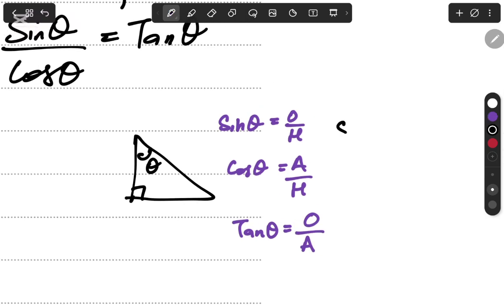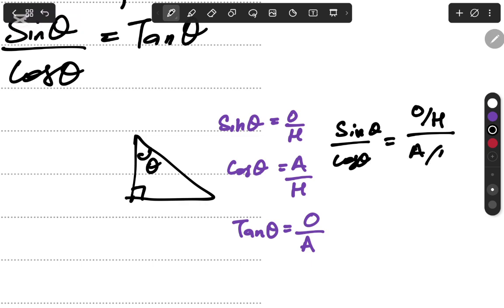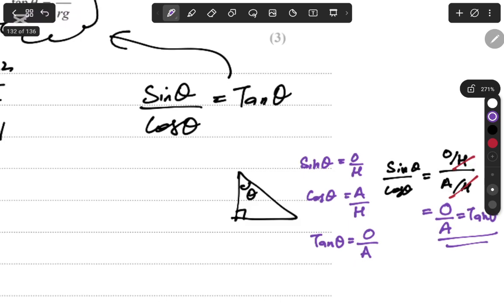Now, when I divide sin theta by cos theta, you can also write it as opposite over hypotenuse divided by adjacent over hypotenuse. The hypotenuse will cancel out, and we're going to end up with O over A, which is basically just tan theta. So that's basically the proof of that.